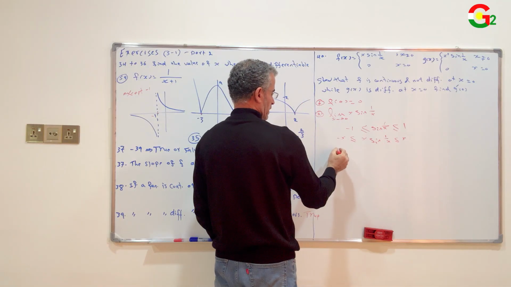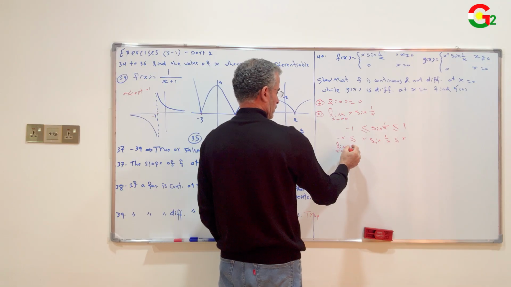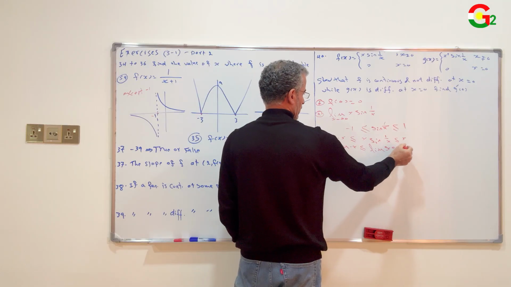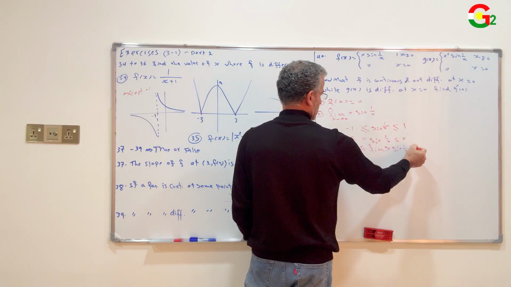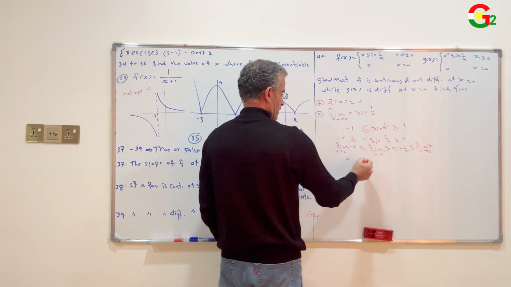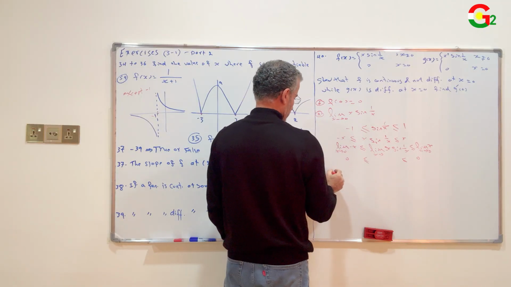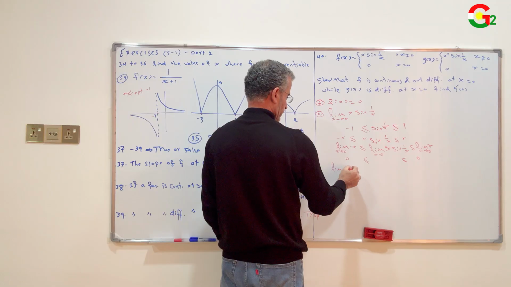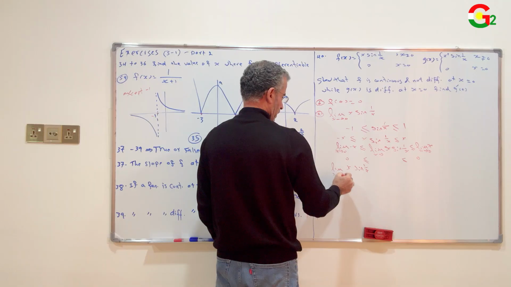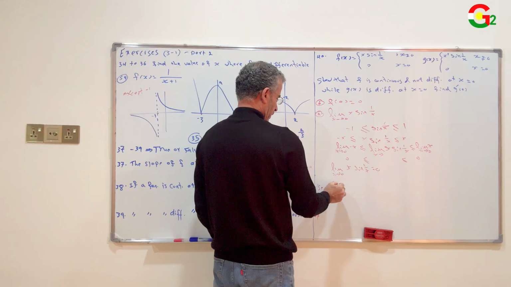Take the limit of all sides as x approaches 0. This limit is 0 and this limit is 0, therefore the limit of this function is 0. And since the value of the function equals the limit, the function is continuous.